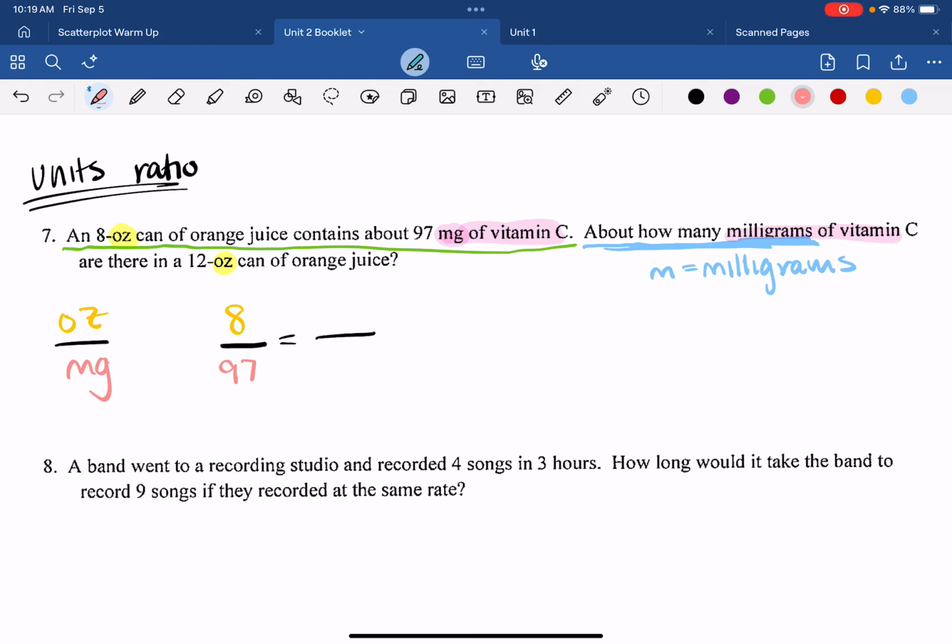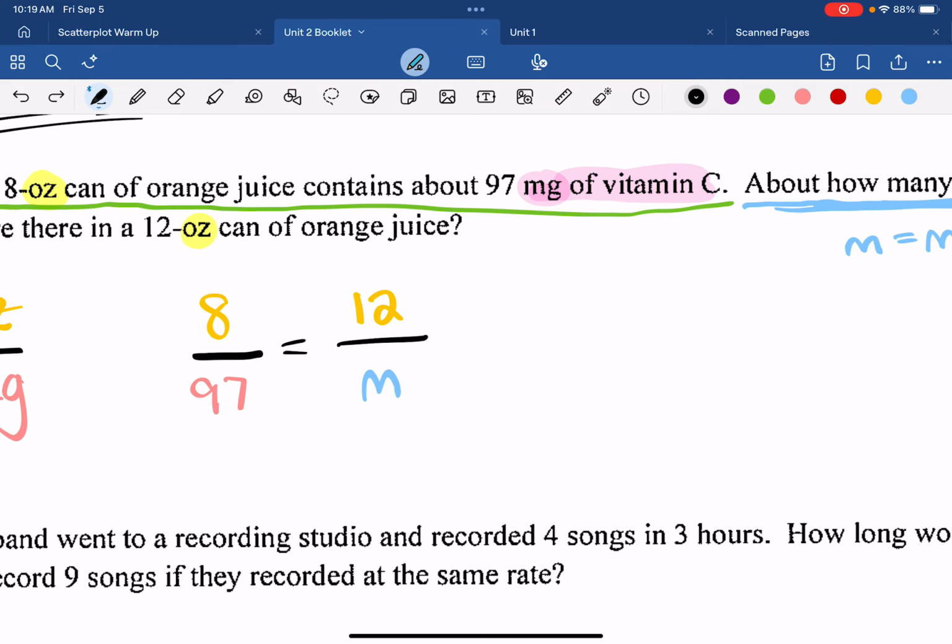It should go on the bottom with milligrams. So I'm going to have M there. I'll write it in blue. And now I'm given 12 ounces. The 12 needs to go up top because it's ounces. So all we need to do is make sure both my ounces are up top and both my milligrams are on the bottom, even when one of them is a variable.